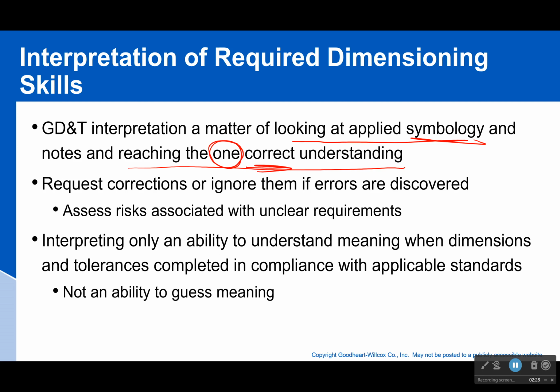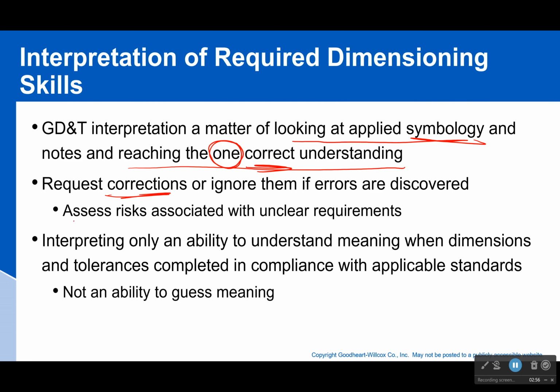They shouldn't be able to say, well, you could build it that way, or he might mean this. If that happens and you're the person building a part, stop right there. Go to them right away and say, what did you actually mean here? Because there is more than one way for me to interpret this. So request corrections.